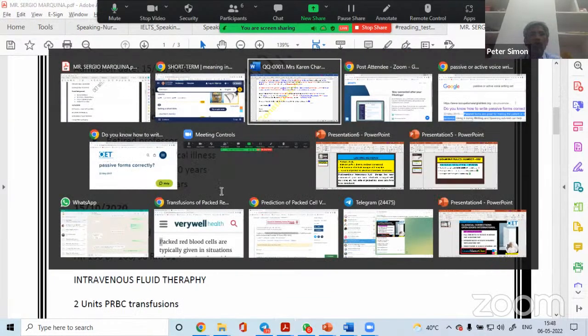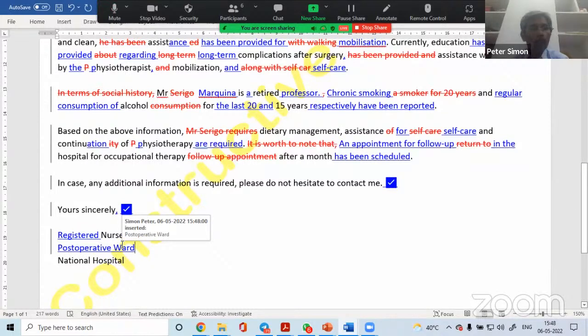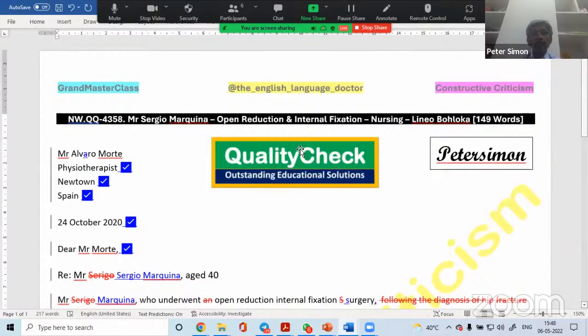So it is a post-operative ward. So it is a ward nurse or registered nurse, post-operative ward. Who will write this? And national hospital. Registered nurse, post-operative ward, national hospital. So that is the point in there. Okay, Lineo, is that clear?